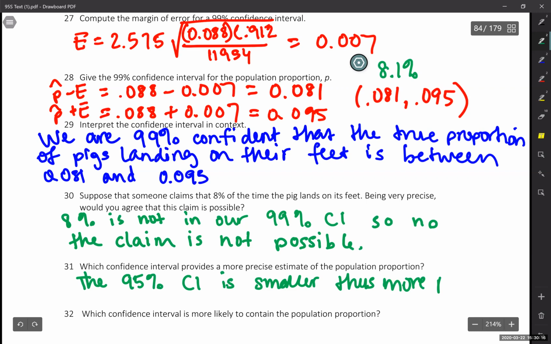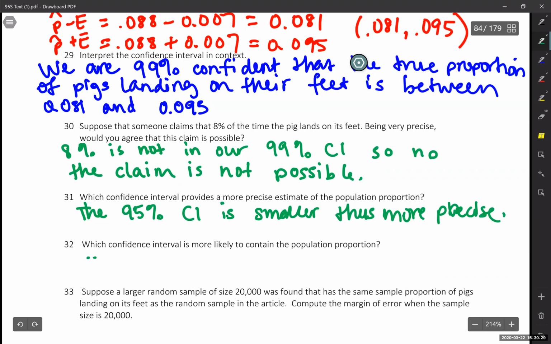Okay, which one is more likely to contain the true population proportion? Well, since it's bigger, it would be the 99% confidence interval.